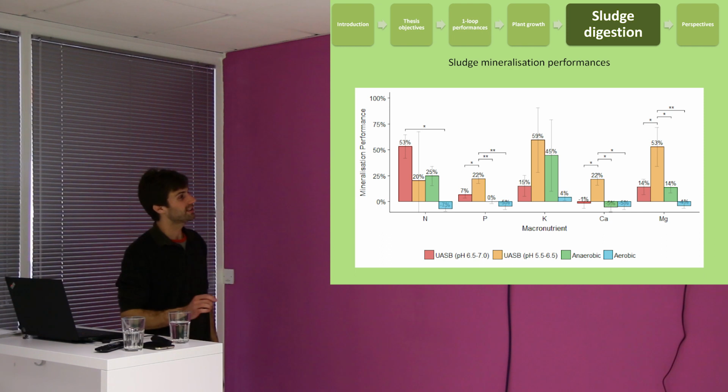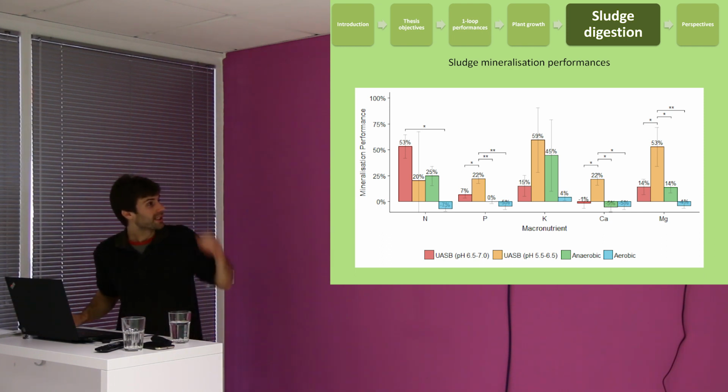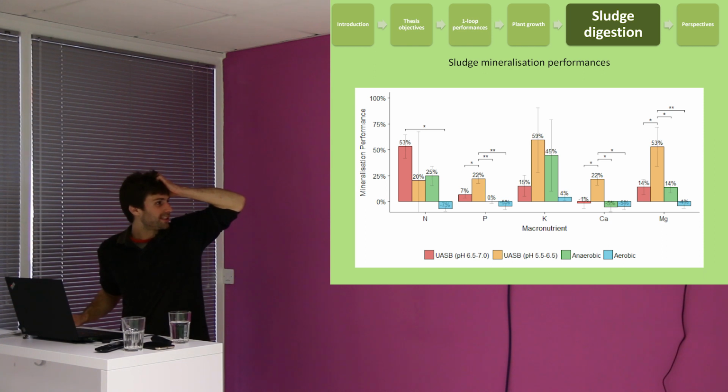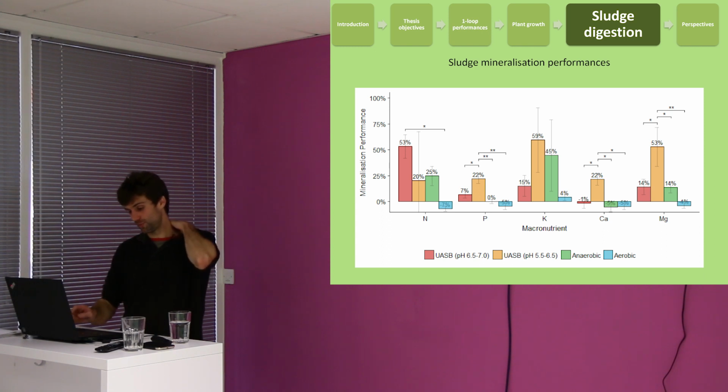Now for the nutrient mineralization, we can see that for all these macro elements the acidic UASB was definitely the best, and statistically the best, except for nitrogen. For nitrogen, it was not that good; the UASB at good pH was the best. So that gave interesting information.